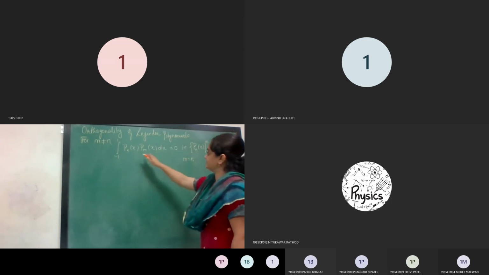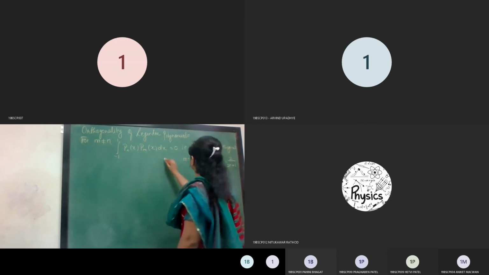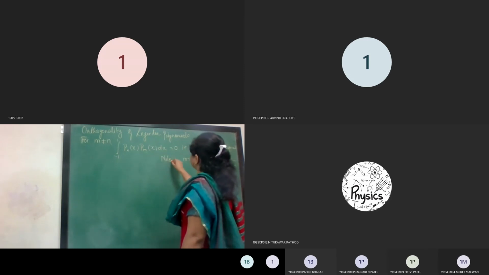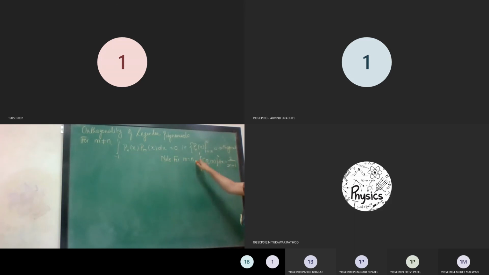So this is nothing but integration -1 to 1, Pn(x) square dx, and in that case it will be 2 upon 2n plus 1. Okay, so you can write a note that for m is equal to n, integration -1 to 1, Pn(x) square is 2 upon 2n plus 1.